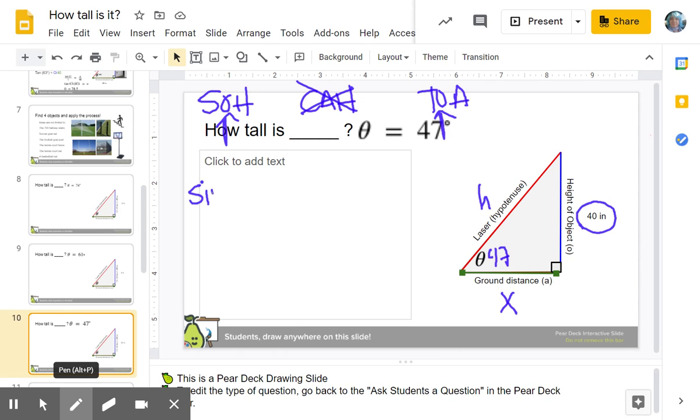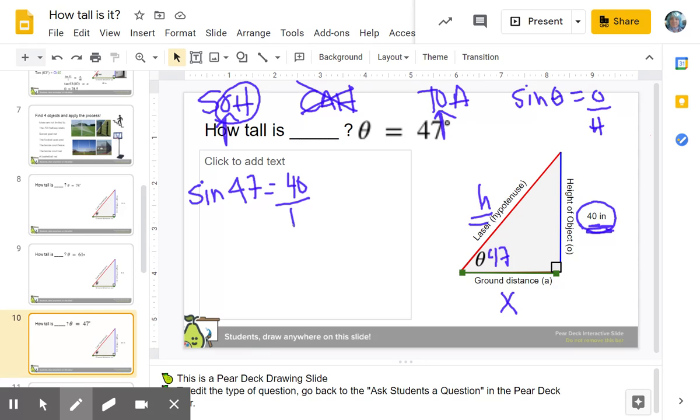So we're going to do sine always of the angle, that's our pattern, equals O over H. So that becomes a fraction. That OH just forms a fraction. So the opposite side is the 40. And the hypotenuse is one of the things I'm looking for.